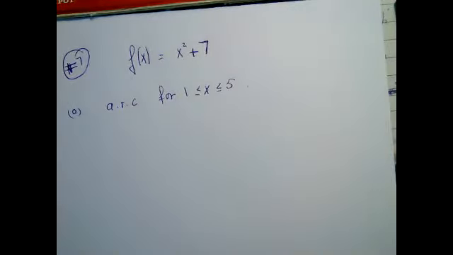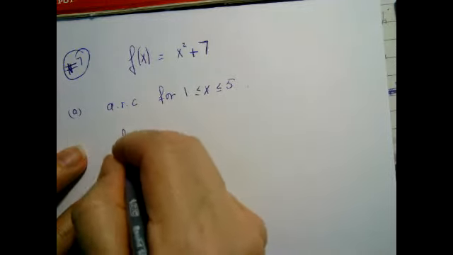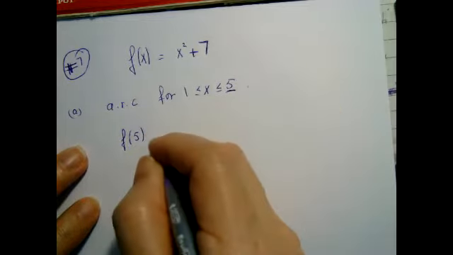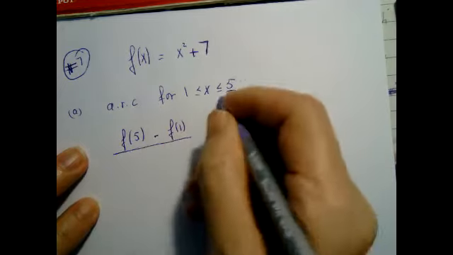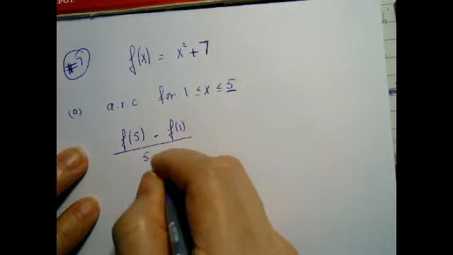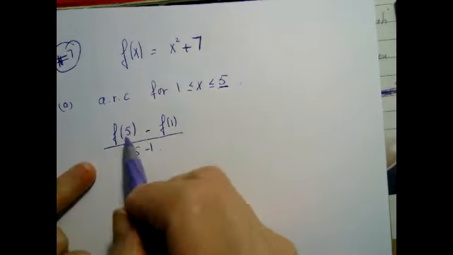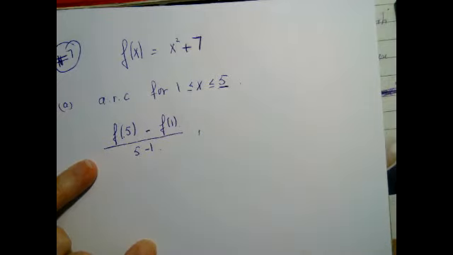We have numbers. There is nothing really to be worried about. So what's the average rate of change? It's the value of the function at the right value minus f of 1, divided by 5 minus 1. To find the average rate, I need the output at 5 and the output at 1. So let's find them right here.